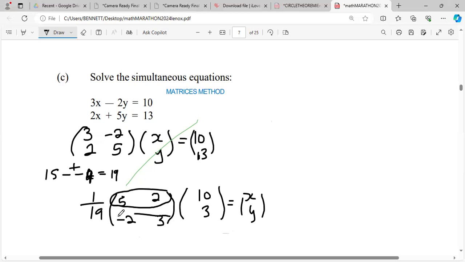Anybody do this with me, guys? I think we'll find some type of review. So 5 times 10, which is 50. And then 2 times 3, which is 6.